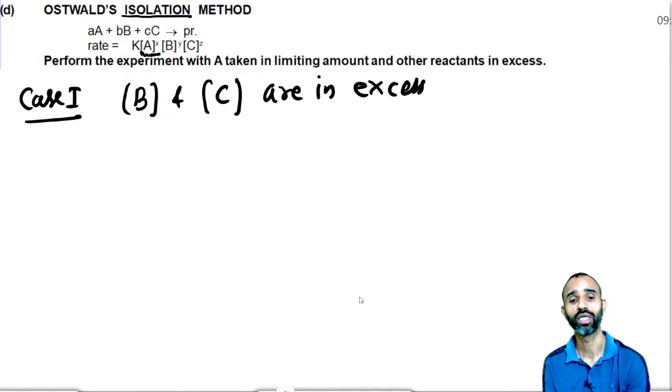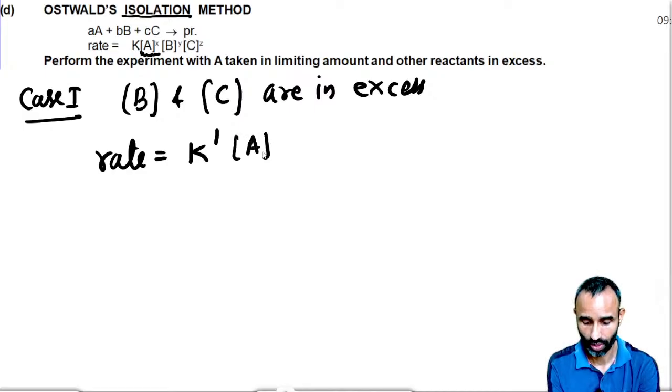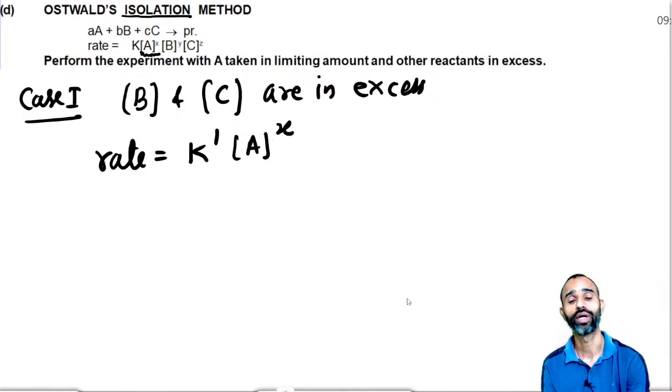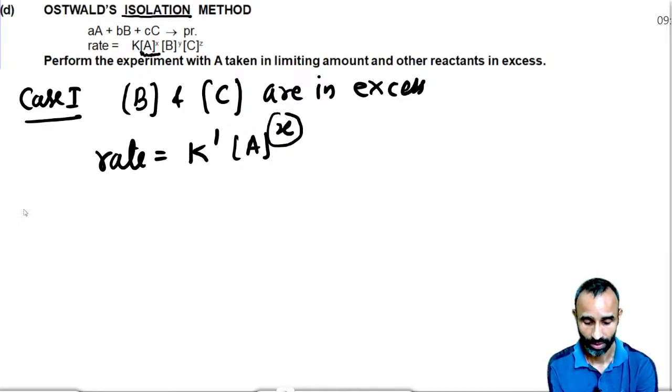That means if B and C are in excess, their concentration is almost the same. So rate is A dash into A raised to power x, and accordingly we will calculate the value of x, just like in the initial rate law method.